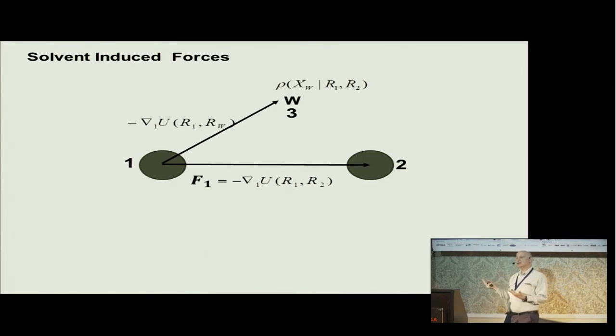Now, if you calculate the forces between two hydrophobic groups, you take the potential of mean force between, say, two methane molecules and take the gradient, you find that the forces are very weak.